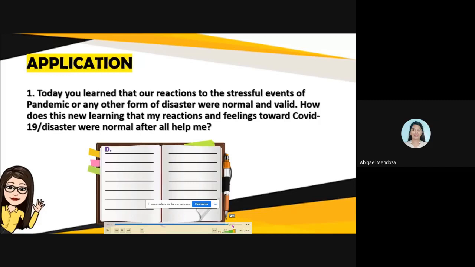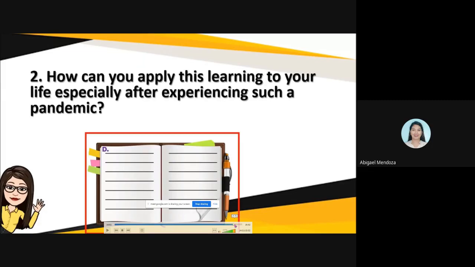So, sasagutin mo yon. Then, after number 1, meron pang number 2. Number 2, how can you apply this learning to your life, especially after experiencing such a pandemic? So, ano yung pwede mong i-apply sa buhay mo pagkatapos mong may matutunan sa mga pangyayari ngayong pandemya?